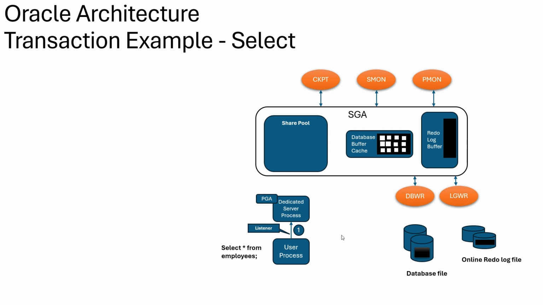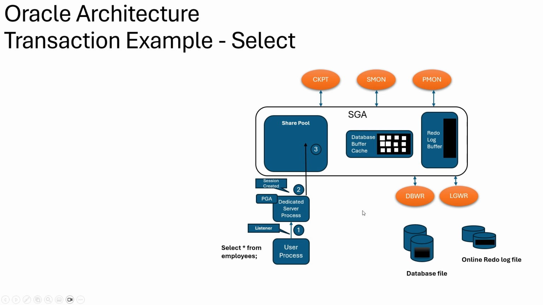All this information will be there in the PGA. Then the dedicated server will start and the session is created. Then it starts communicating with the SGA. Immediately it connects with the SGA, and within the SGA it will connect to the shared pool.